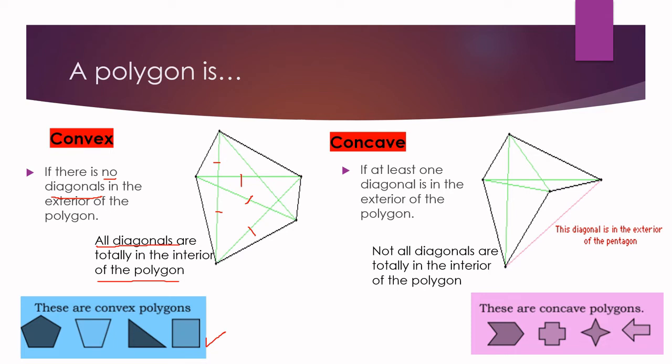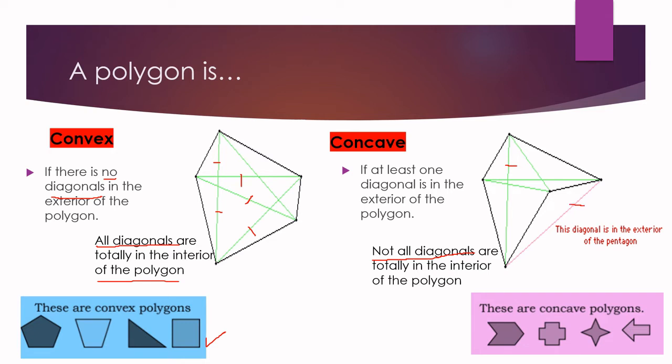Now, a polygon is concave or non-convex if at least one diagonal is in the exterior of the polygon. So, kapag gumawa ulit kayo ng diagonals, masasabi mo na not all diagonals are totally in the interior of the polygon. So, meron siyang nasa labas.